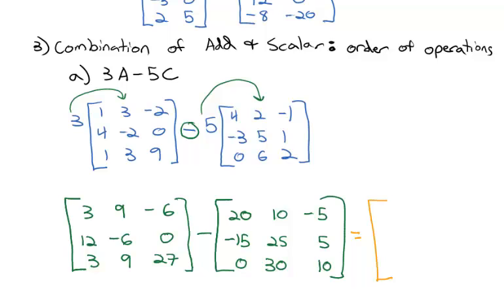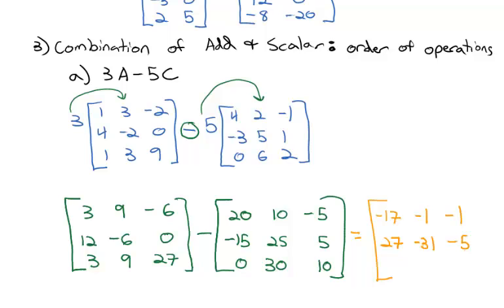Again, doing it unit by unit, 3 minus 20 is -17. 9 minus 10 is -1. -6 minus -5, minus a negative is going to be plus, so that also becomes -1. 12 minus -15 is 27. -6 minus 25 is -31. 0 minus 5 is -5.